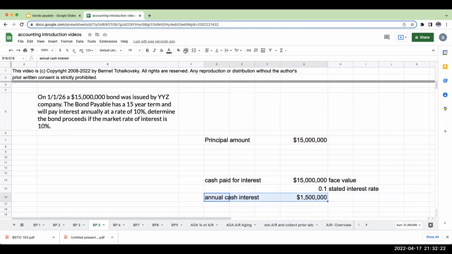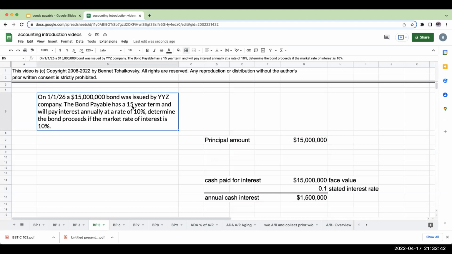So now that we've figured out the cash, we're going to go to the present value tables. For this principal amount, the table we're going to use, because remember, this is a lump sum payment being made at the end of 15 years. Remember, the bond is like an interest-only loan.